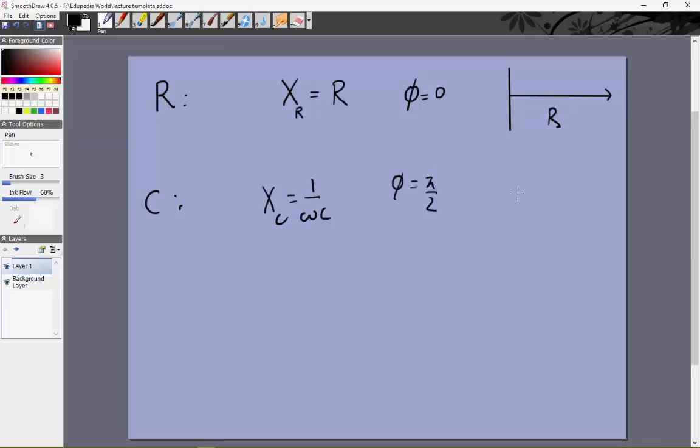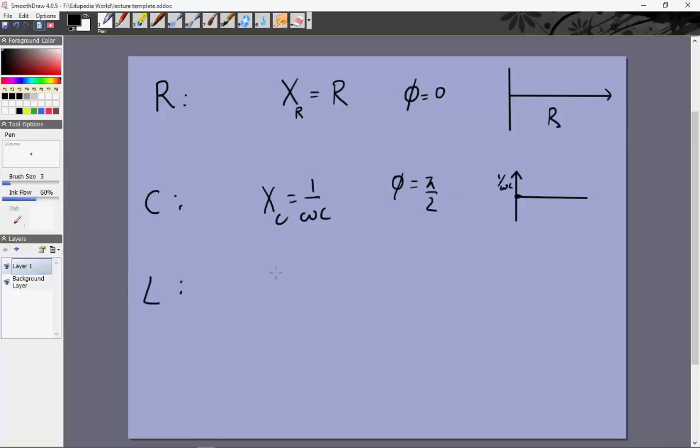So how will we represent that? We'll represent it like this. The angle will be pi by 2, the magnitude will be 1 by omega C. This is the origin. So the reactance for resistor can be represented as a vector of magnitude R, making an angle of 0 degrees with the x-axis. Capacitance, vector of magnitude 1 by omega C, making pi by 2 with the x-axis.